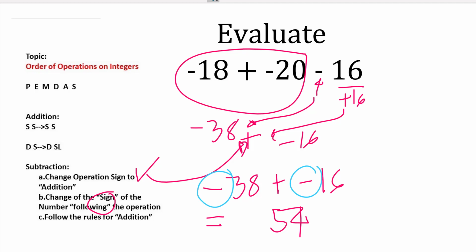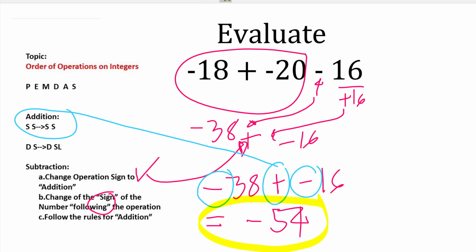Remember, this is now an addition, and we follow this rule: same signs, you take the sum and adopt the sign of the two addends. So it is negative 54, and that is our final answer using the rules here.